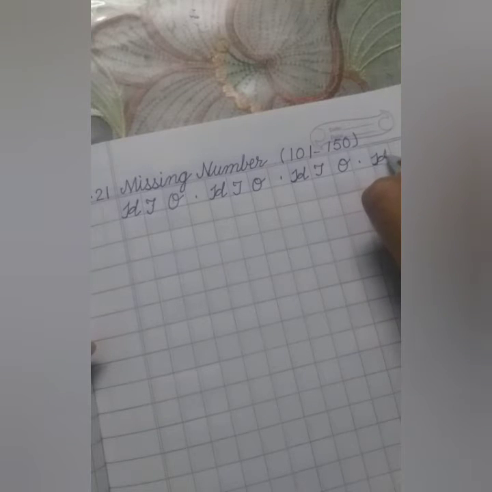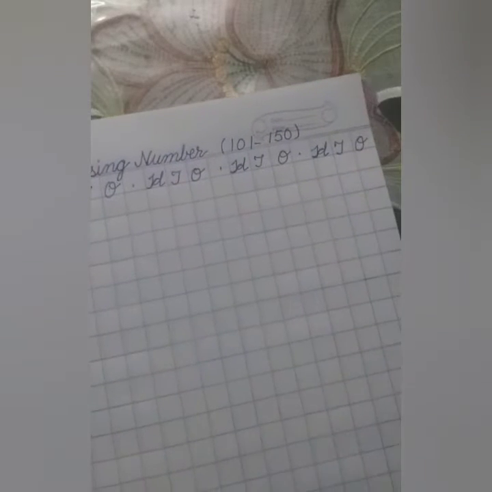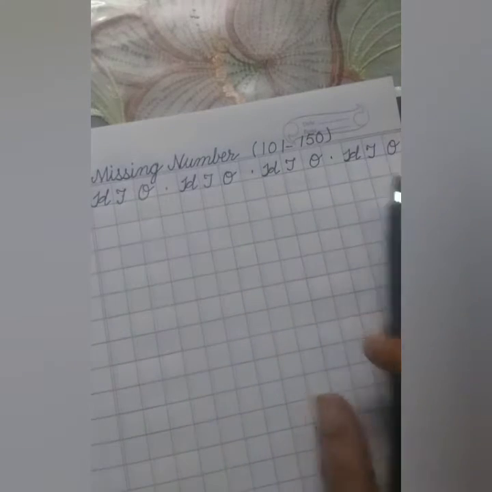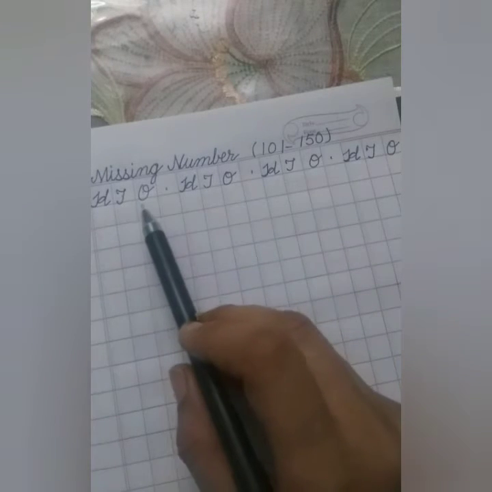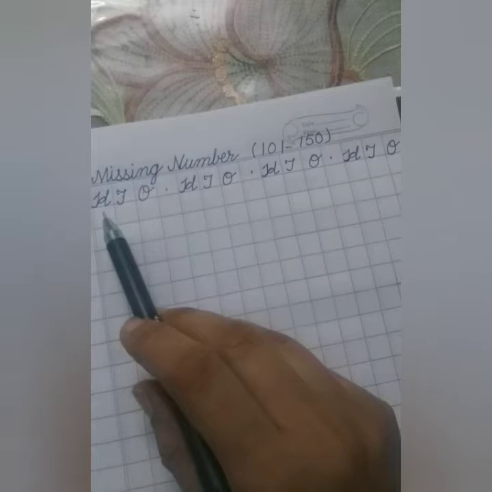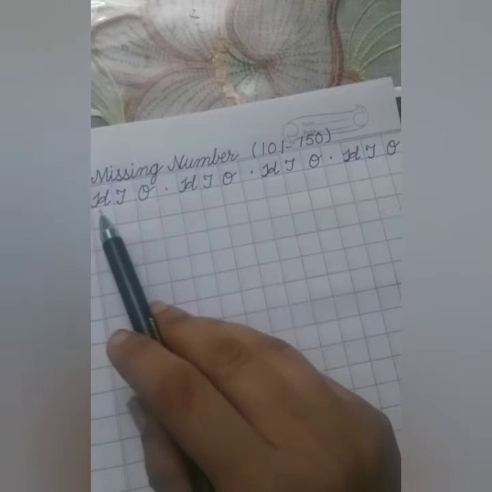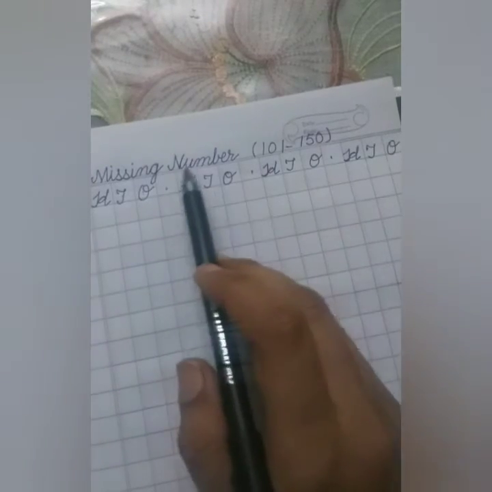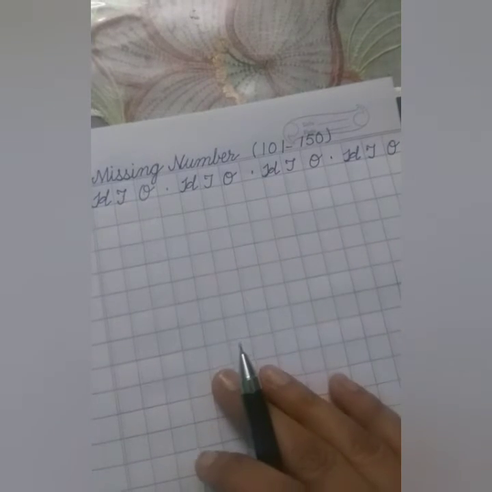Write H, T, O. Okay, children, how many times have we written HTO? 1, 2, 3, 4 times. And what is the meaning of HTO? Hundreds, tens and ones. Ones means single digit, tens means 2 digits, hundreds means 3 digits. So we are going to do missing numbers from 101 to 150. Ready, children?